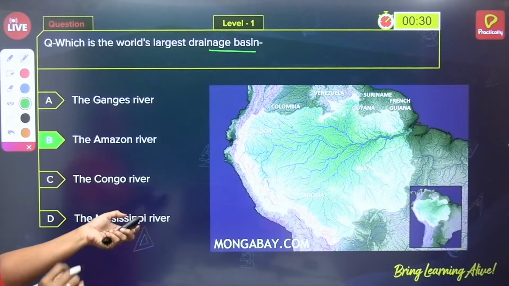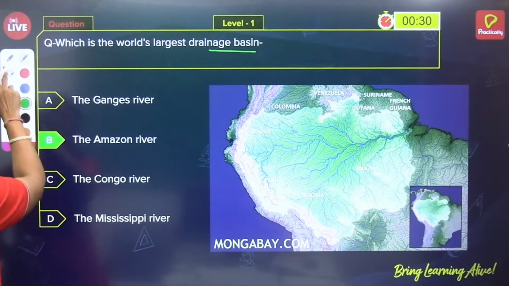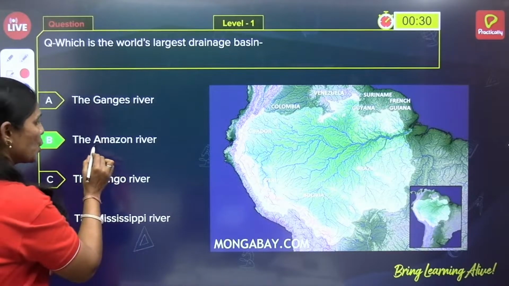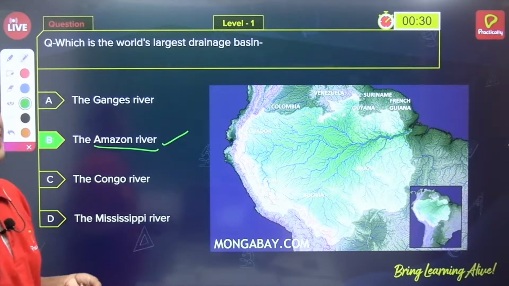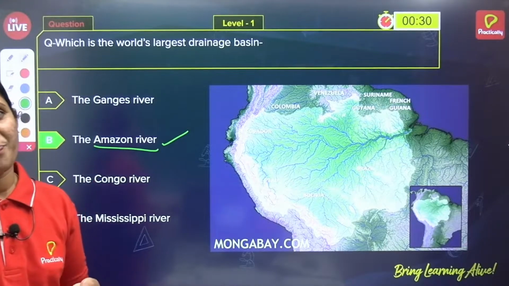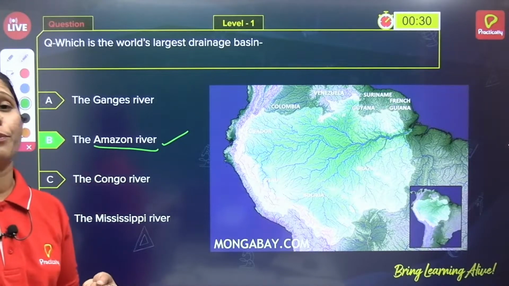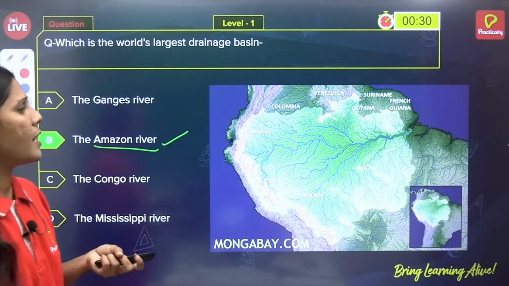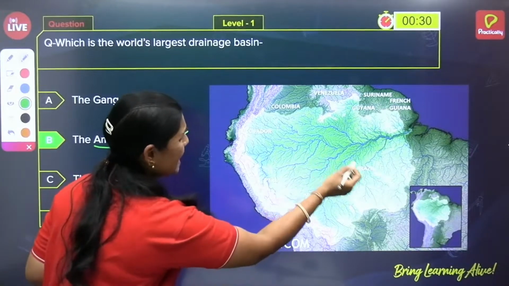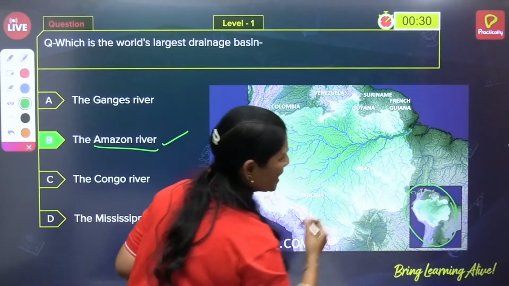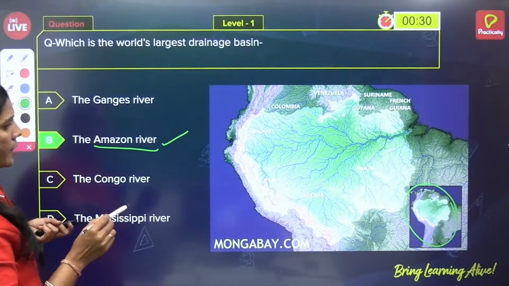Here is your answer. You can see here the world's largest drainage basin is the Amazon River. As you all well know, the Amazon has the largest rainforest region, and we can see in this image the Amazon basin.